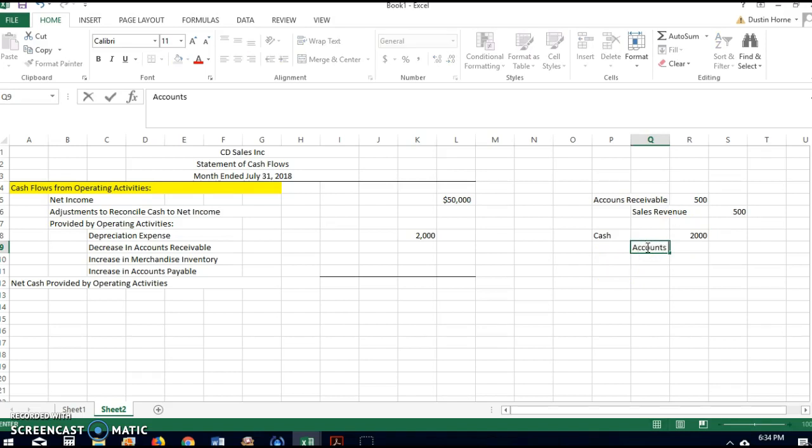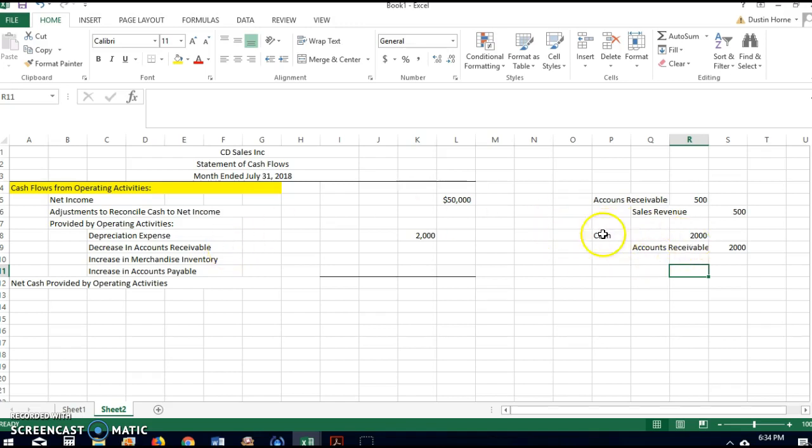When a customer pays us, we record the cash, and we decrease accounts receivable for the amount that they paid us. So what happened here was we collected more cash.